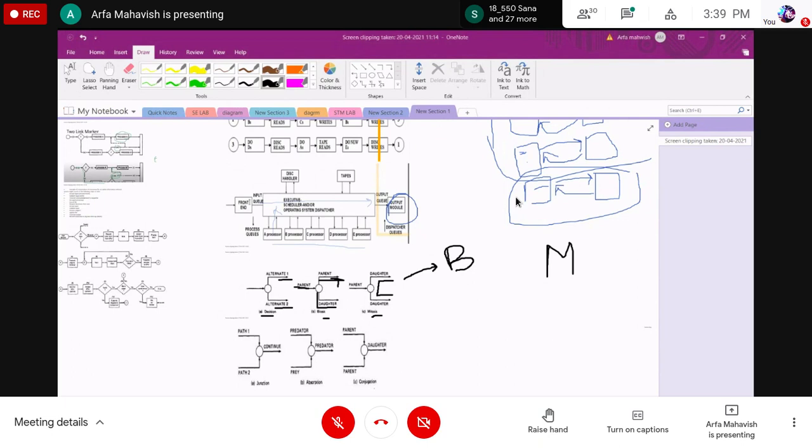Here the complicated system is represented by the transaction flow. It checks the mapping to the program.